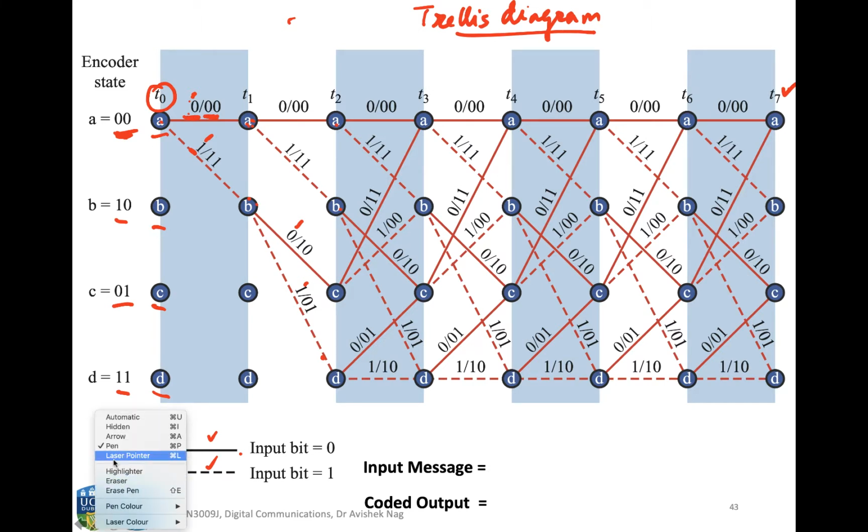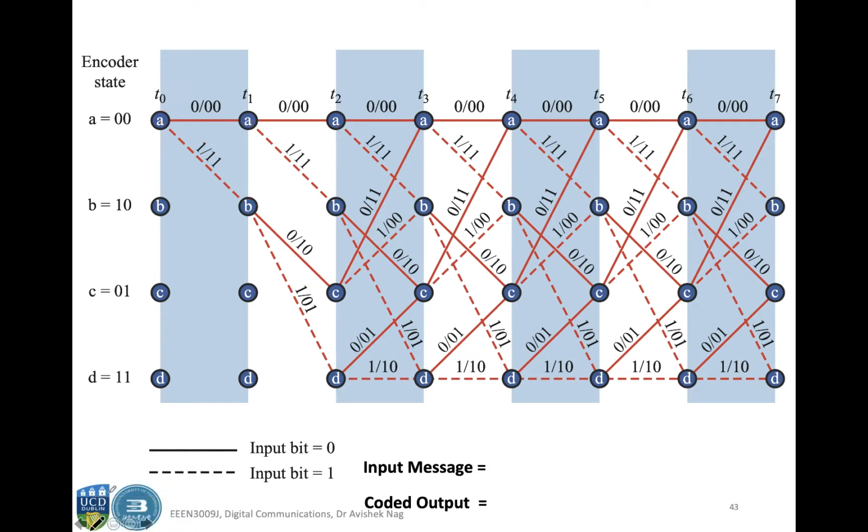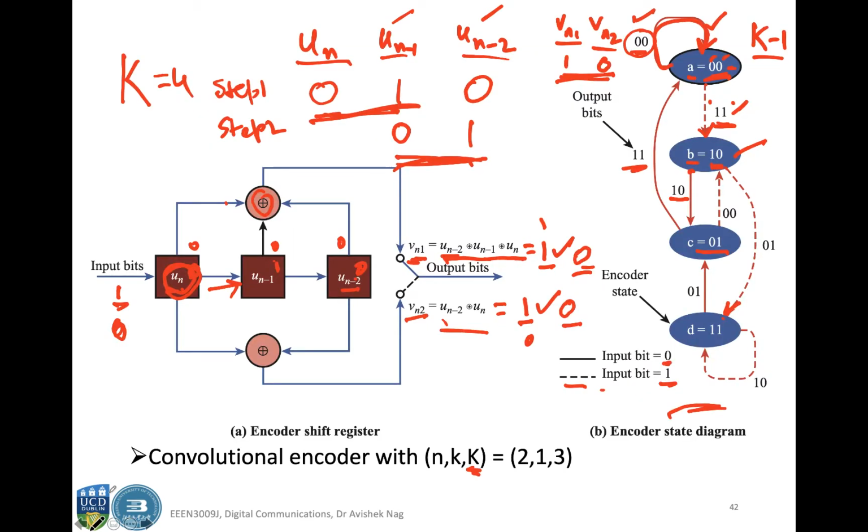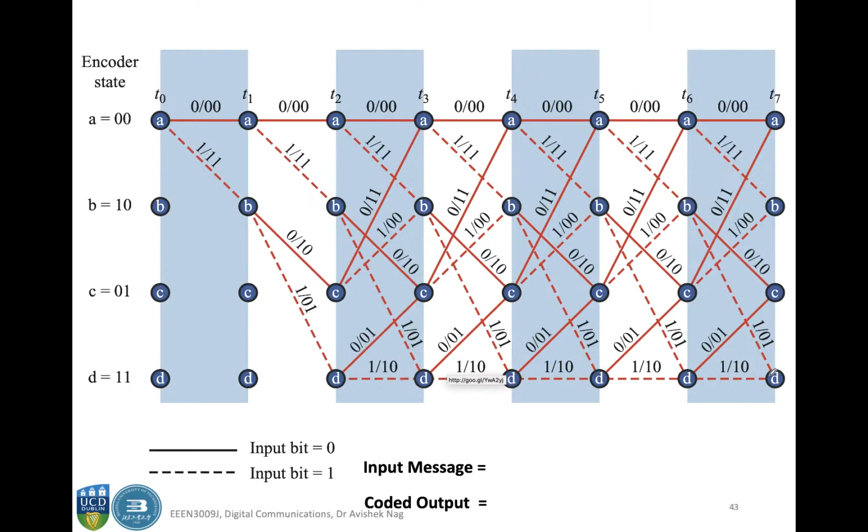So if you are trying to encode some bits based on the convolutional encoder, the example of which you just saw in the previous slide. So let's say this is my convolutional encoder, and this is the state diagram of this encoder, and we have represented this state diagram using this particular trellis diagram.